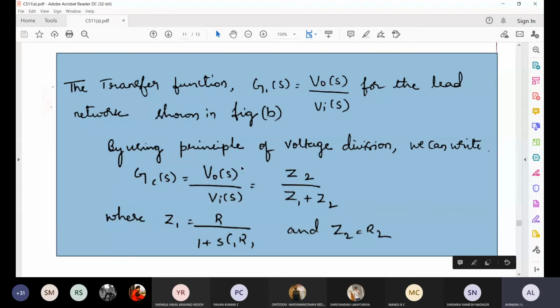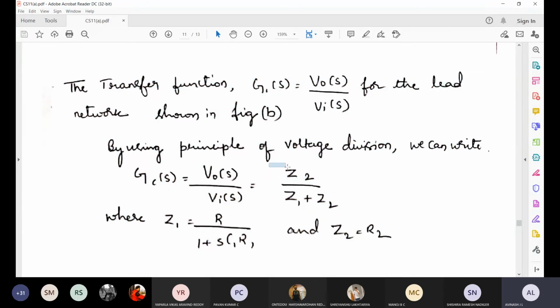The transfer function G1 of S will be equal to V0 of S divided by Vi of S. For the lead network shown in figure B, in the Laplace domain, by using the principle of voltage division, GC of S equals V0 of S divided by Vi of S, which equals Z2 divided by Z1 plus Z2. Instead of Z, you can write R2 divided by R1 plus R2.